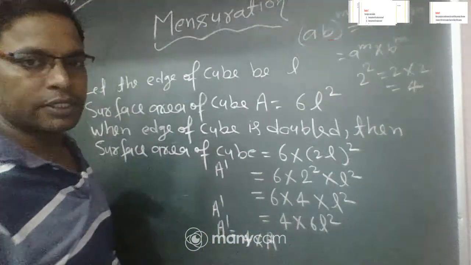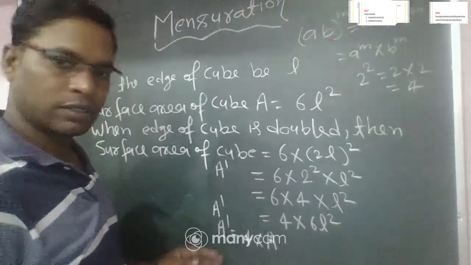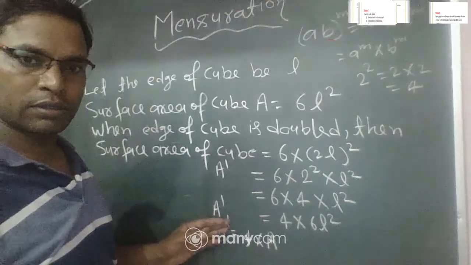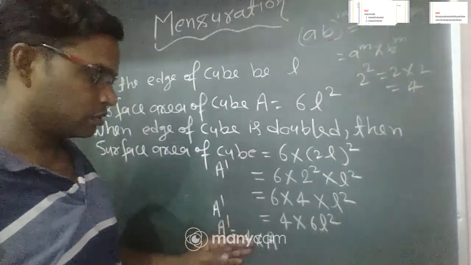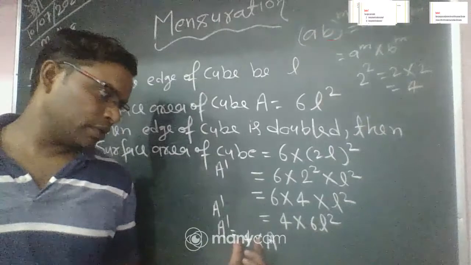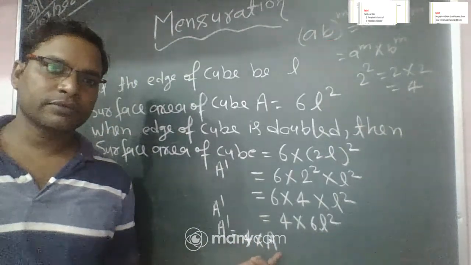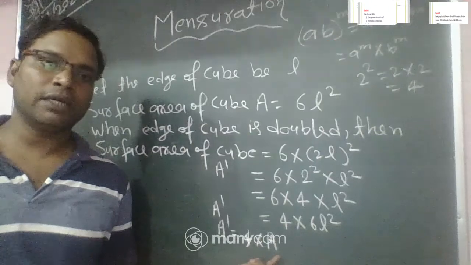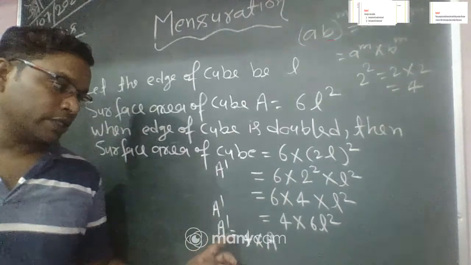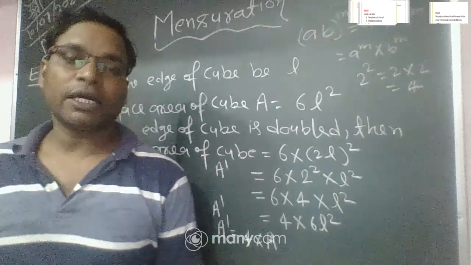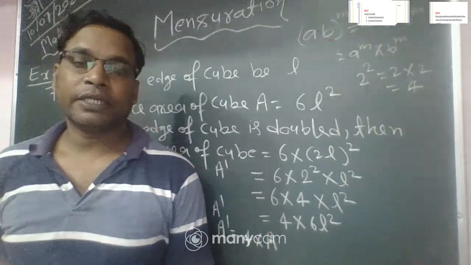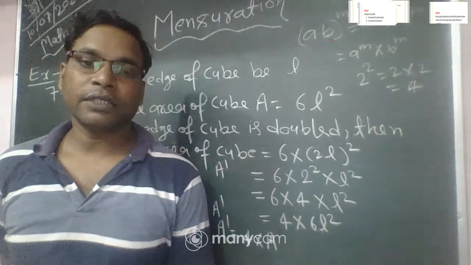So how many times? 4 into A, and this A is the area of the cube when the side is not doubled, but the area of the cube when the side is doubled is A dash. So A dash is equal to 4 into A. It means the area of the cube is increased 4 times.